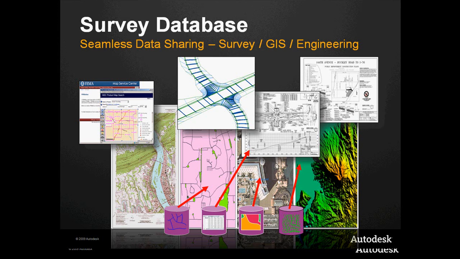Just want to lay down a little bit of a foundation of how we're different than our legacy application in Land Desktop, and how we manage data in the Civil 3D world. When we deal with points, the survey information is maintained separate from, say, the engineering information. They will have the ability to create points for, you know, tops, foundations, and things like that on the design side.